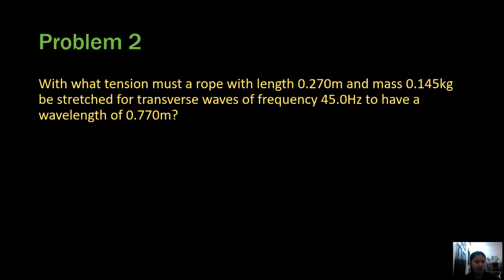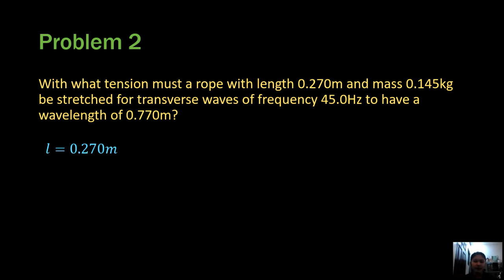With what tension must a rope with length 0.270 meters and mass 0.145 kilograms be stretched for transverse waves of frequency 45 Hertz to have a wavelength of 0.770 meters? So let's list down the given first.